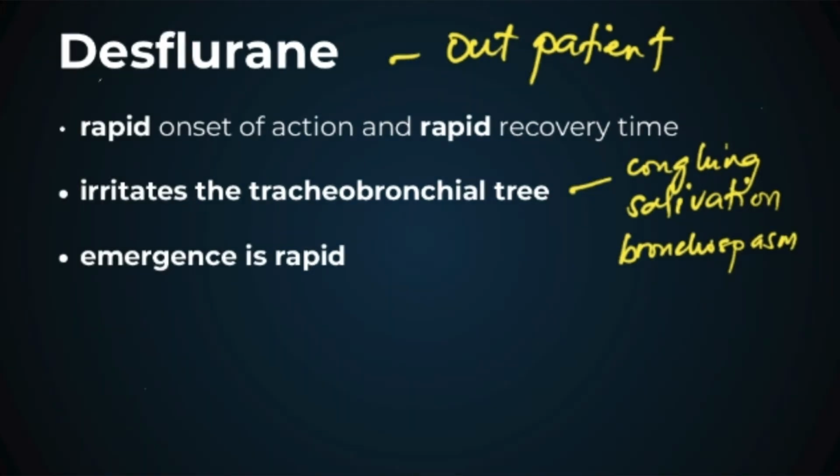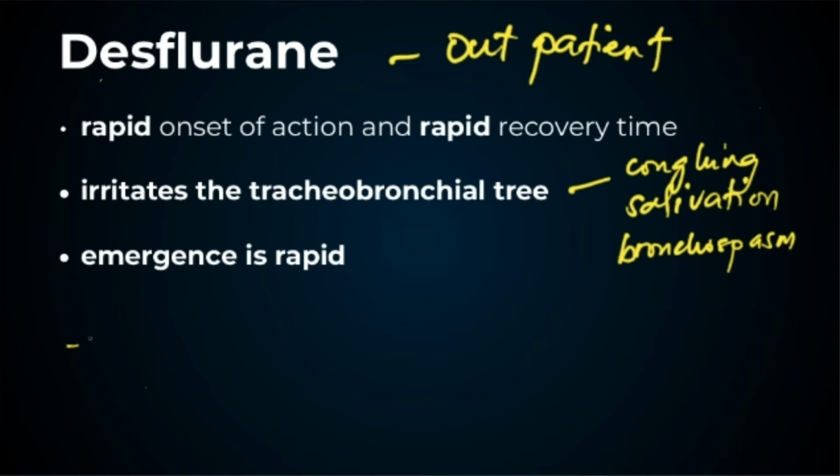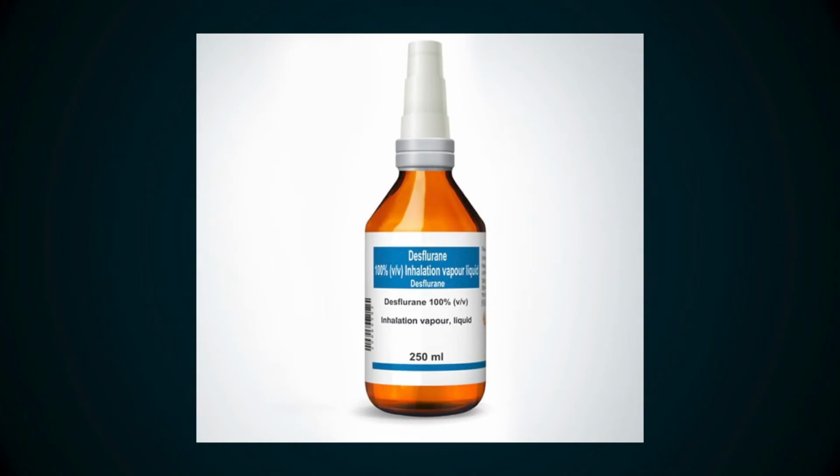Also, its emergence is rapid, so that's why it's being used for outpatient surgery because of the rapid emergence after the surgical operation. It also produces hypotension primarily by decreasing systemic vascular resistance, just like the previous agents. This is your desflurane. Just like the previous drugs, it is also in liquid form and given to the patient through inhalation.